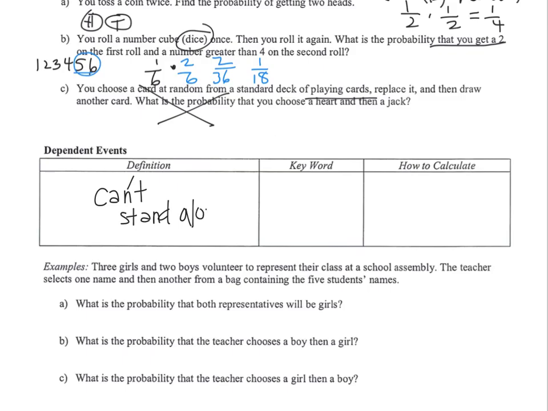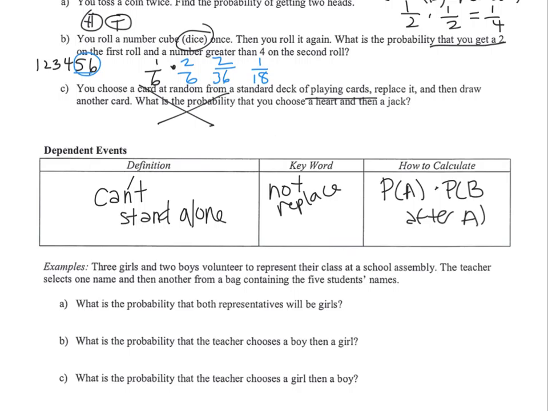So the key word is not replacing. Not replace. So how to calculate? You do the probability of A times the probability of B after A happened.